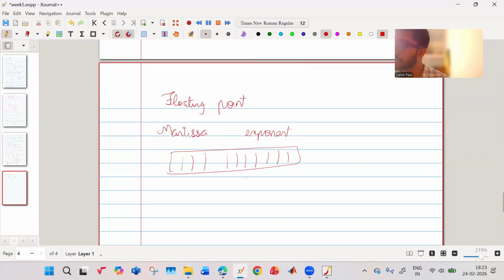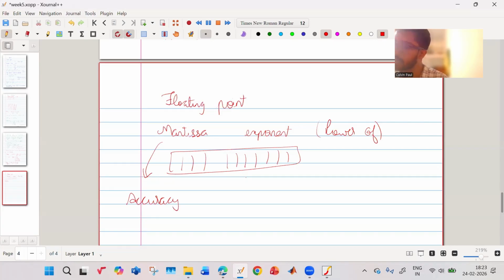Exponent is like the power of. You can say it is 2 raised to power of 5, 2 raised to power of 6, etc. Mantissa is the smallest accuracy. So mantissa deals with the accuracy.